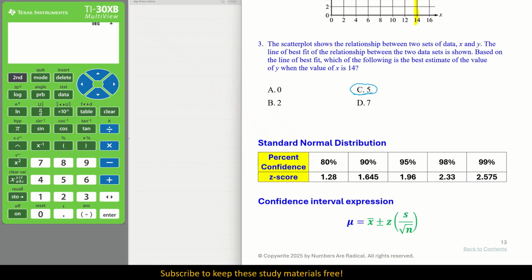Even on the high school exam, this is not going to be an issue. You don't even have to deal with the Z scores, calculating and all that stuff. And you have a TI 84. So no. But please make note of this equation here, the confidence interval expression, that we are going to use.